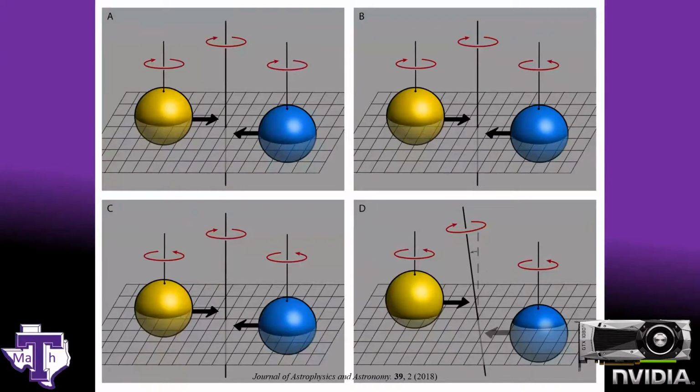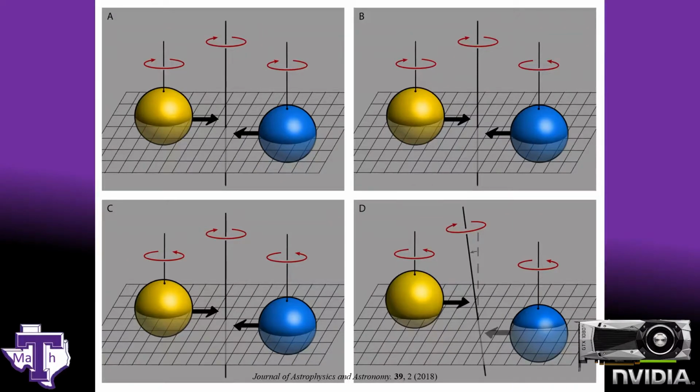So what we did to address this problem was we looked at the angular momentums of both planets that were colliding and the angular momentum of the collision. So if you notice in A, all of the angular momentums line up. Now this is great. This was the second simulation that Justin and Travis had done.